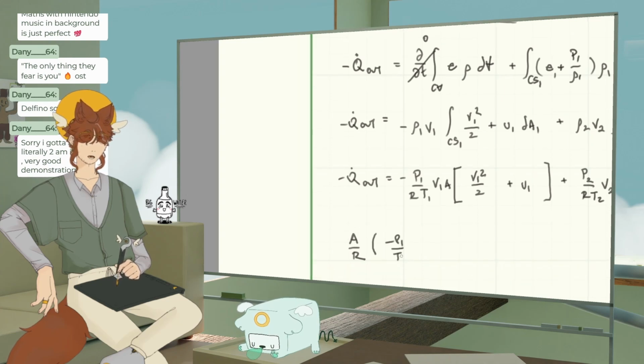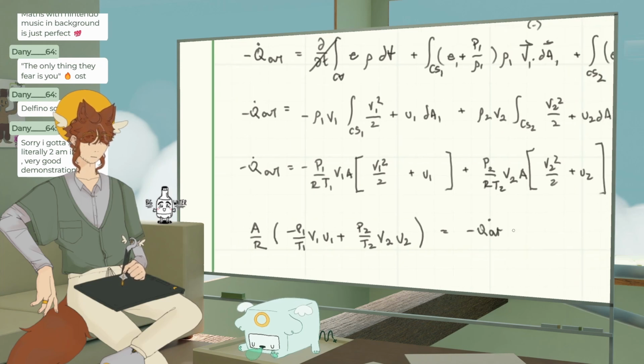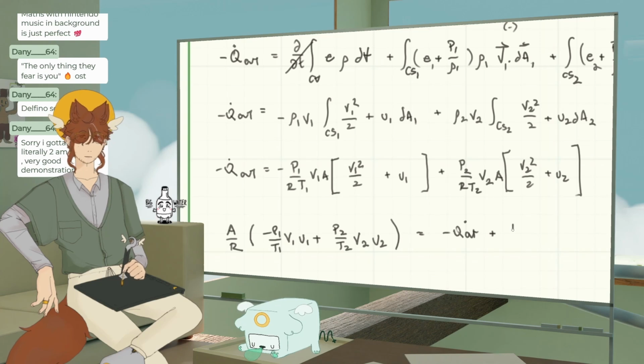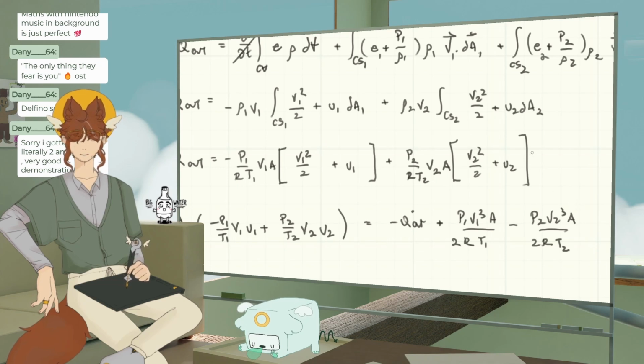Negative P1 over T1 V1 U1 plus P2 over T2 V2 U2 equals negative Q out plus, oh my god, okay, P1 V1 cubed A over R T1 plus or minus P2 V2 cubed A over R T2. Well, that's something.